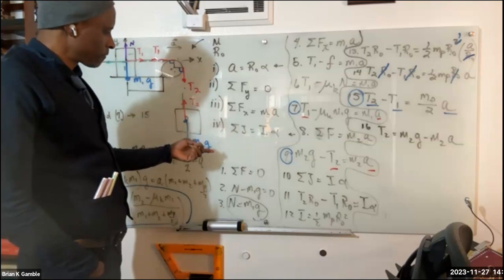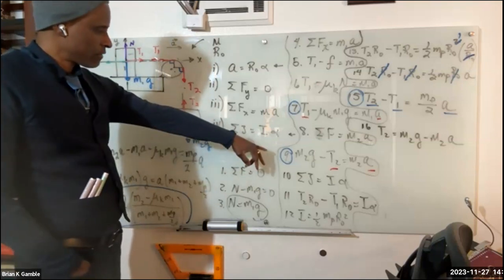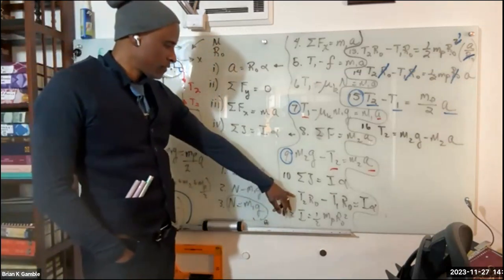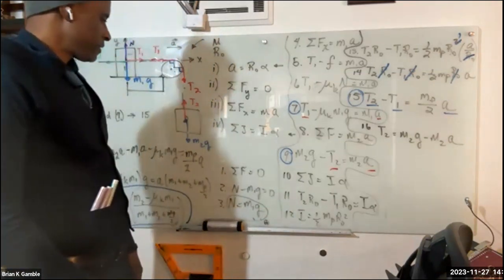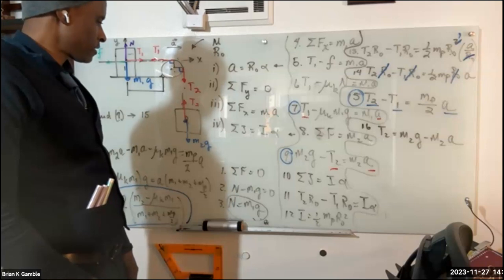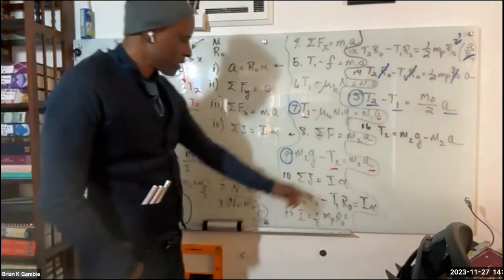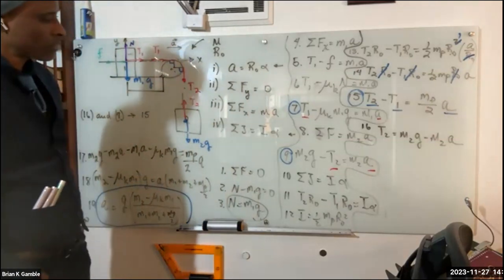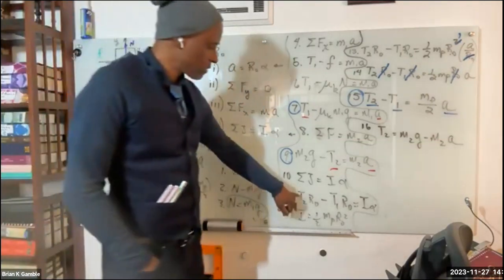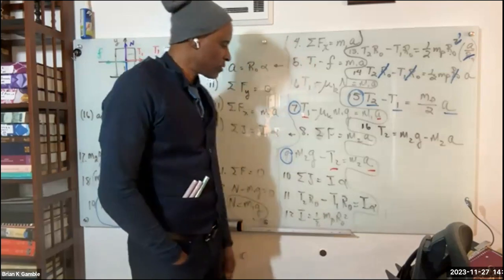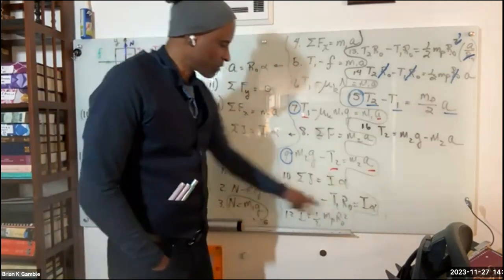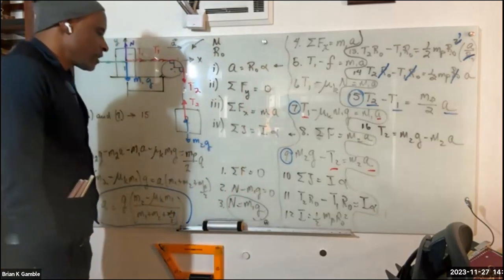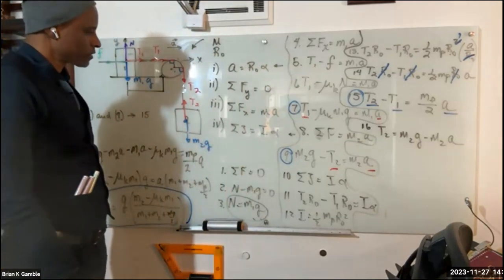So right here, negative T2 R naught plus T1 R naught equals a negative I alpha. That's right. Because this sign has to be in the same direction as this, it would be two negative signs. So when I multiply through that negative sign, I just get that equation there. That's right. It's okay. So we're good.